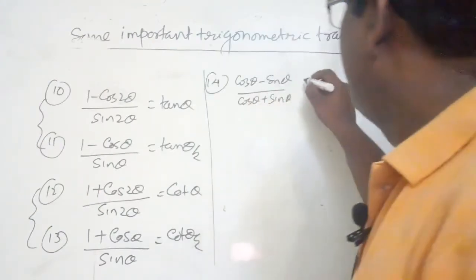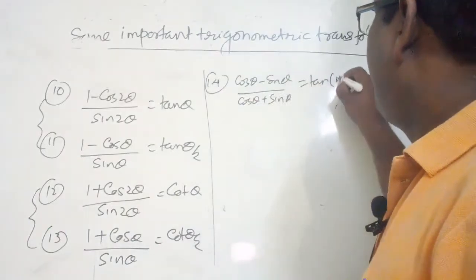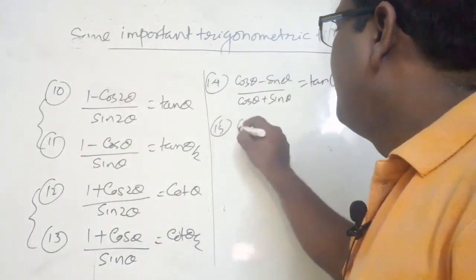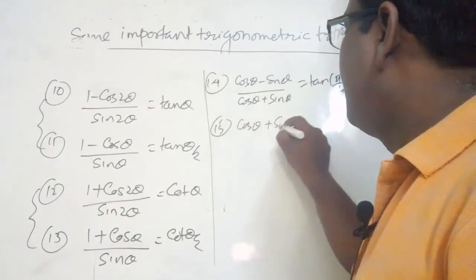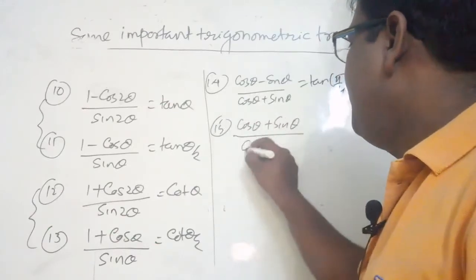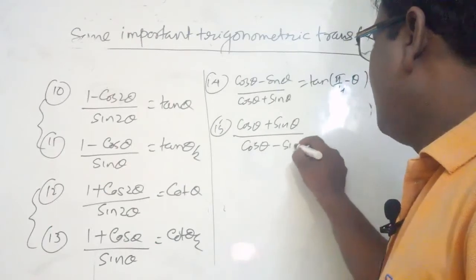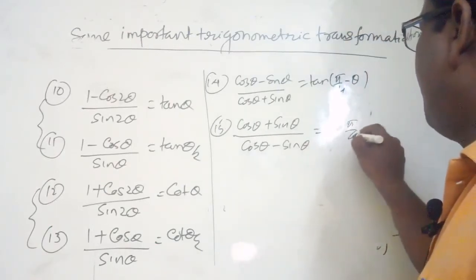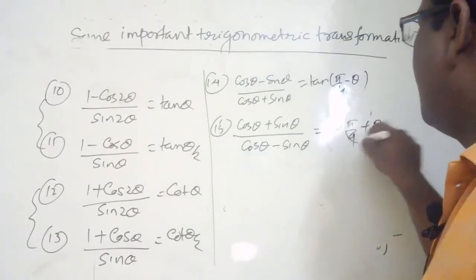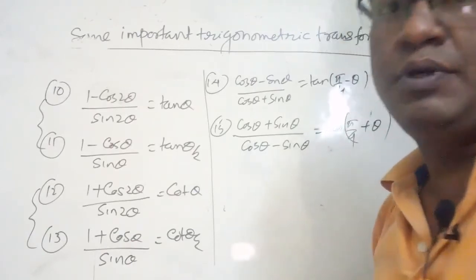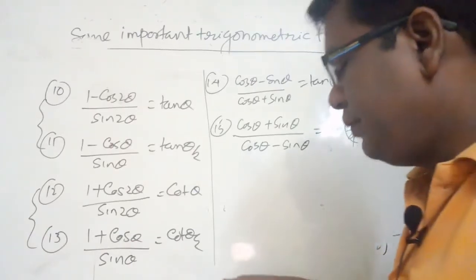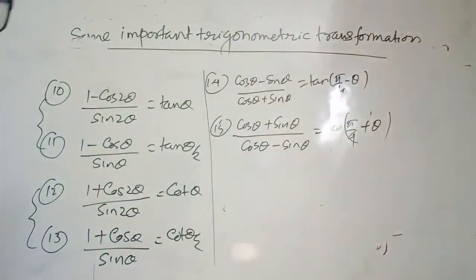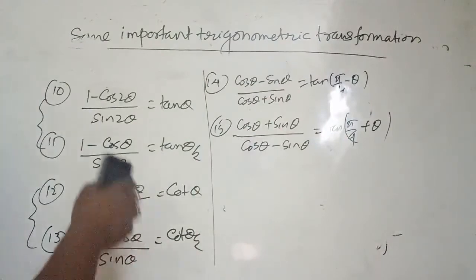This is also tan(pi by 4 minus theta). 15: cos theta plus sin theta divided by cos theta minus sin theta is equal to tan(pi by 4 plus theta). These are some transformation formulas of the trigonometric function. We know the inverse trigonometric function formulas.